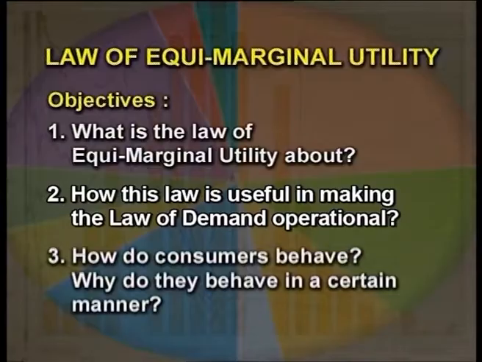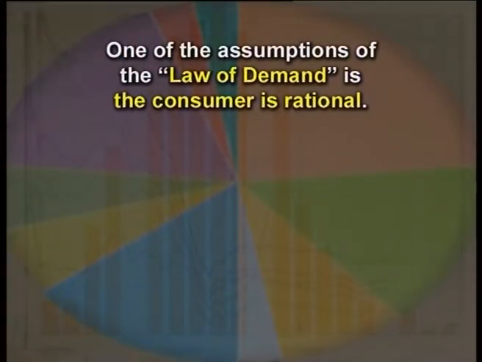Now, what is this law? What does it teach? As we had seen in the earlier lectures, every theory has certain assumptions, and the law of demand that we have discussed earlier also had certain assumptions. And one of the assumptions of the law of demand is that the consumer is rational.